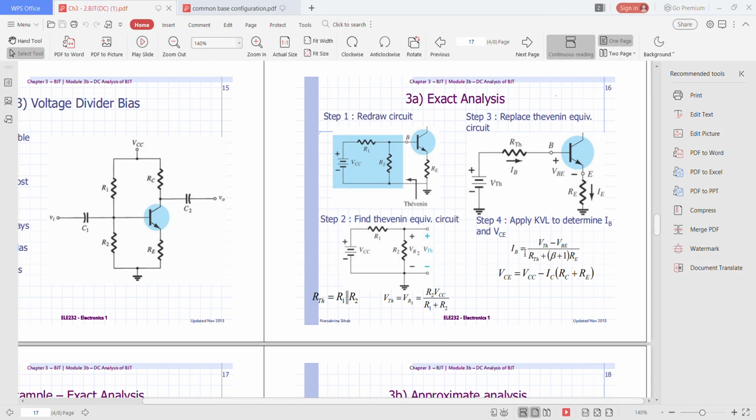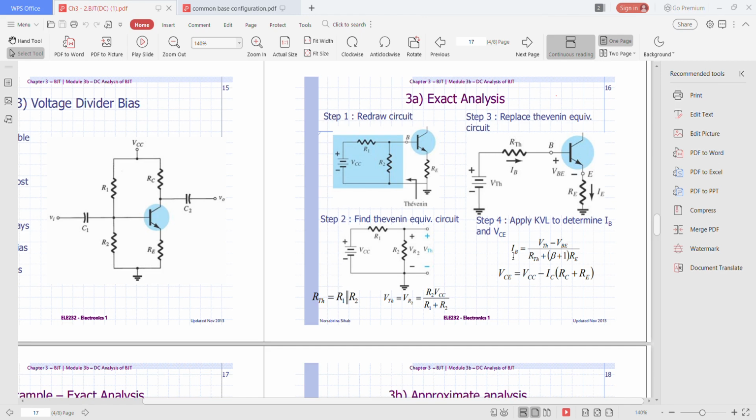For IB, starting from VTH, if I choose the sign to be negative, it will be negative VTH. Then plus IB RB, but here you have substituted in RTH, so IB RTH, and then plus VBE, and then plus IERE equals 0.